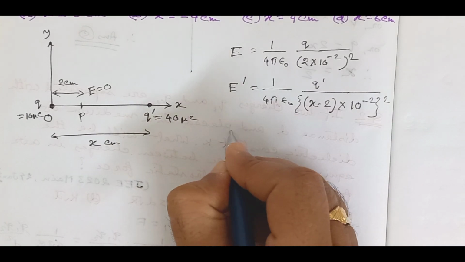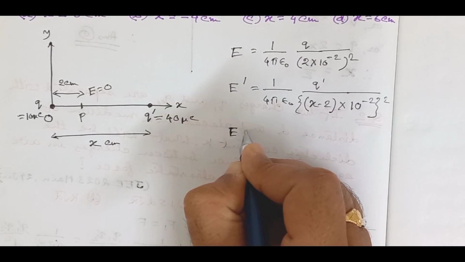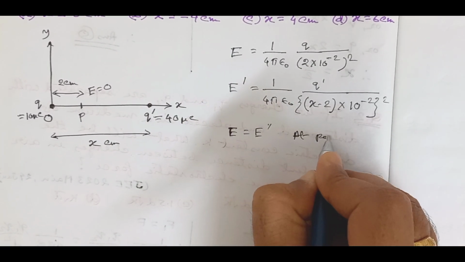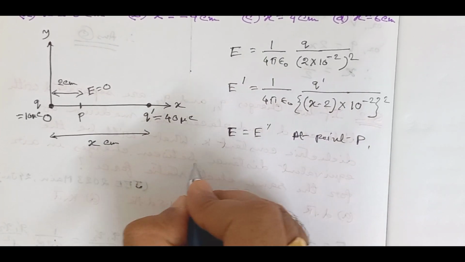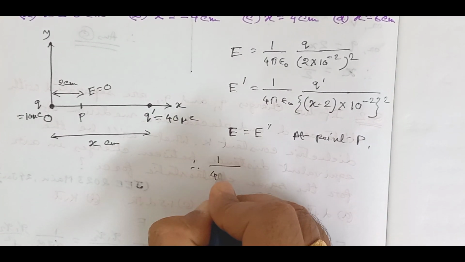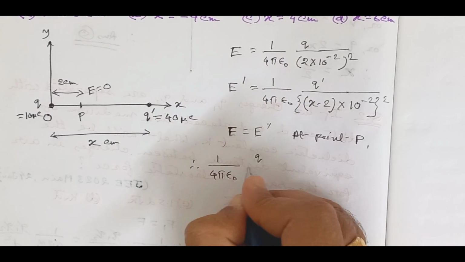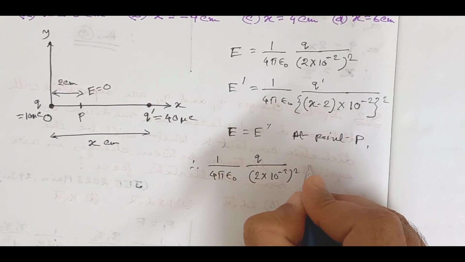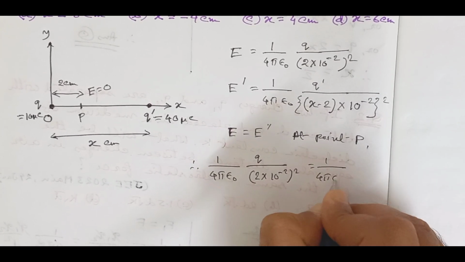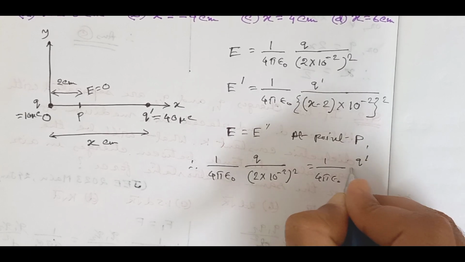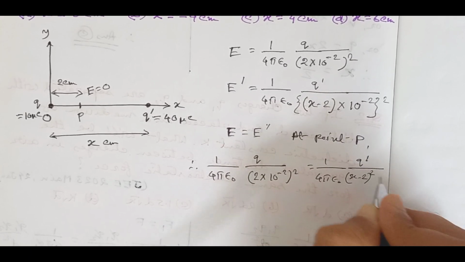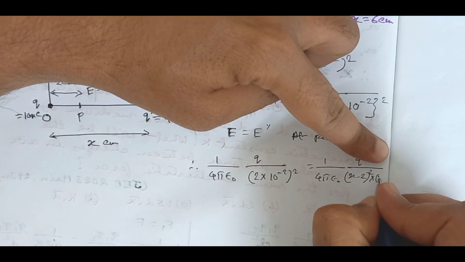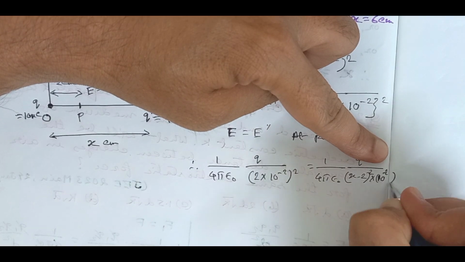So E is equal to E prime at point P. Therefore, 1 by 4 pi epsilon 0 q by 2 into 10 to the power minus 2 whole square is equal to 1 by 4 pi epsilon 0 q prime by x minus 2 whole square into 10 to the power minus 2 whole square.